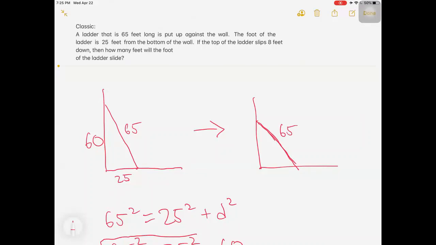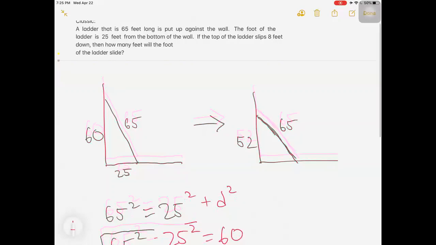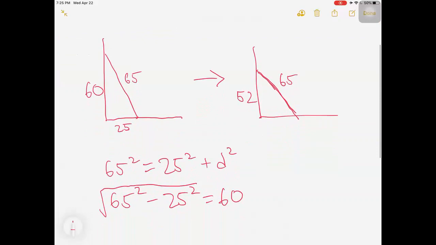And since it slides down, we know the new height will be 52. Let's just assume the wall is perpendicular to the ground, and now we just have to apply the Pythagorean theorem again.